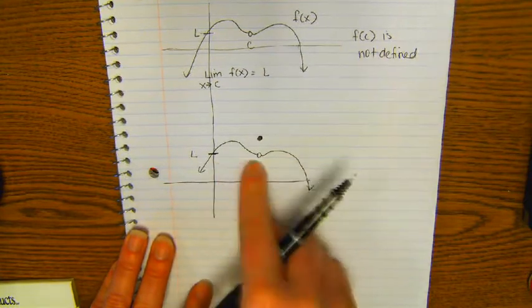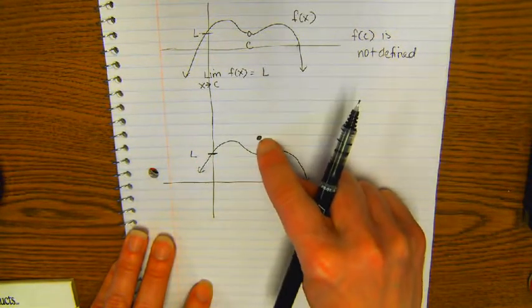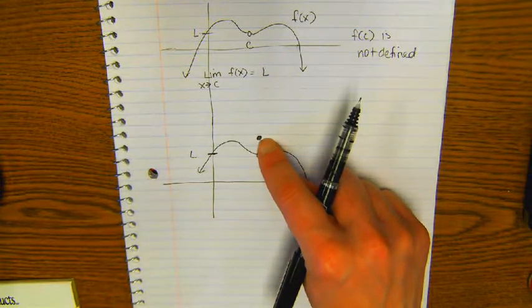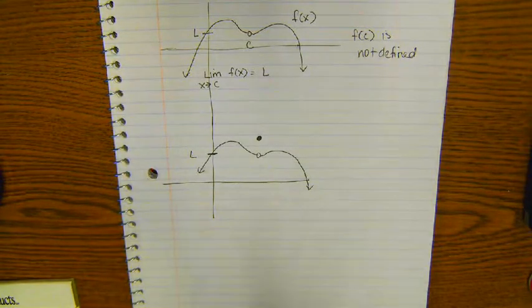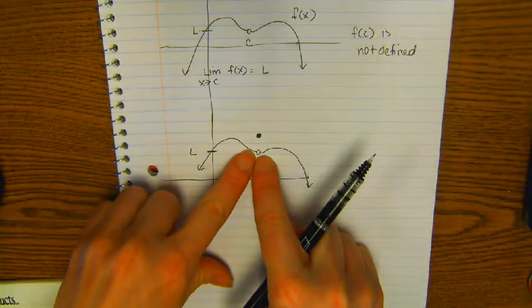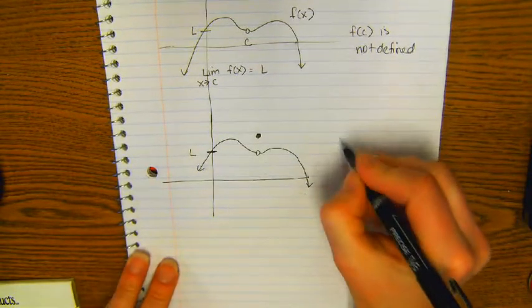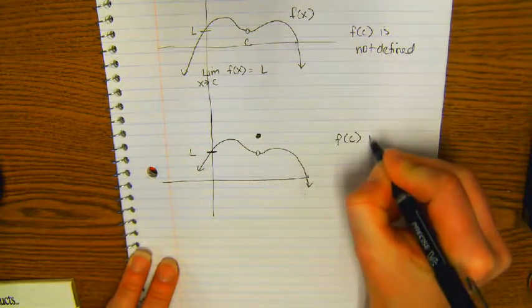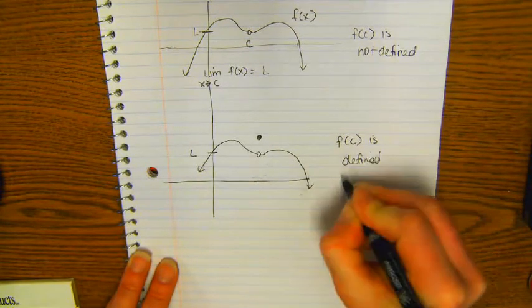The limit of this is still L. It doesn't matter that that's up there, because that's not what the definition of a limit is. The definition is if it's zooming into one value, and it is. They are approaching these values. Just because I filled in the dot doesn't mean that that makes it the limit. So f of c is defined, but not the limit.